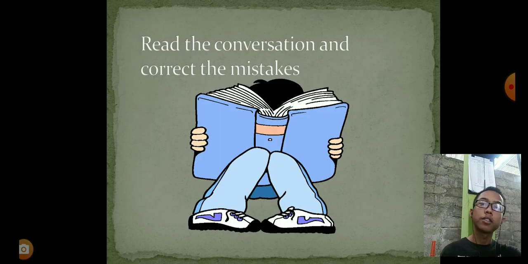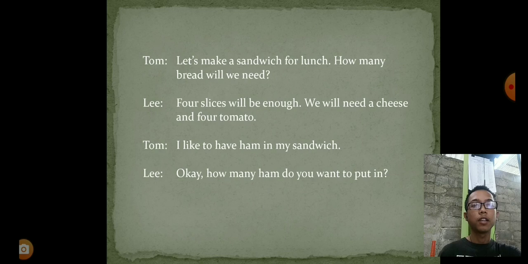So let's practice this with an example dialogue. Let's make a sandwich for lunch. How many bread will we need? You can use your paper to write the right answer.